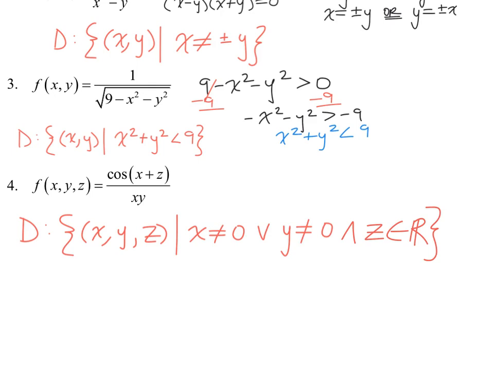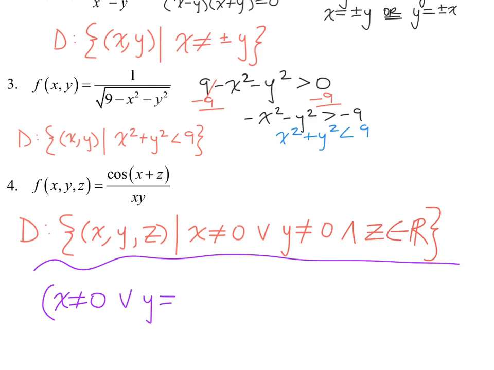So it would be something like, I'll just throw you an example. I don't have a function that is the example, but notation-wise, something along those lines. You have x is not equal to 0, or y is not equal to 0, then z has to be greater than 0.